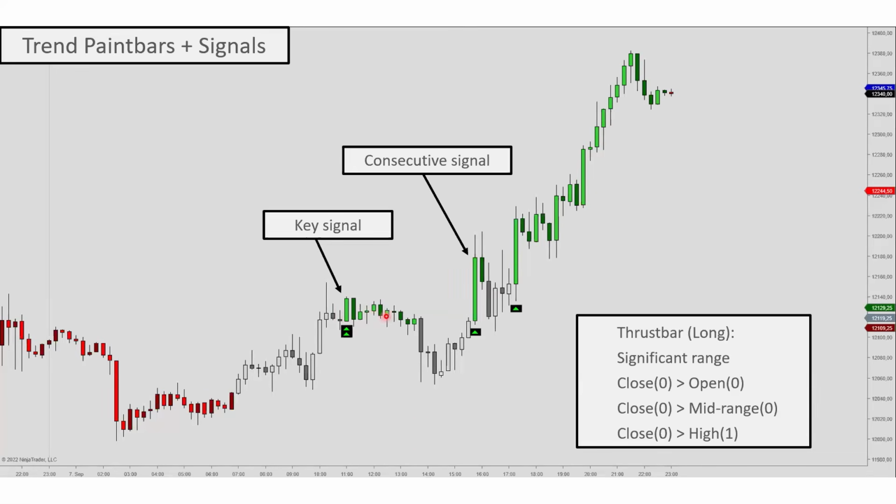So we went from bullish here to neutral and then bullish again. And as you see here on the chart, the key signal has a double triangle, whereas the secondary ones are identified with these single arrows.